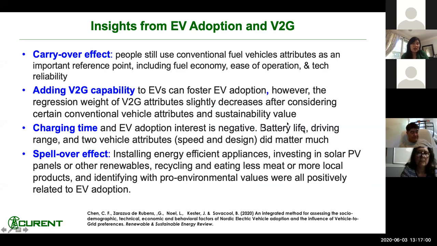Battery life, driving range, how many vehicles they have, speed and design did not matter for EV adoption. And the spillover effect means that renewable energy and sustainability beliefs, such as recycling, eating less meat, or eating more local products, influence people's EV adoption.